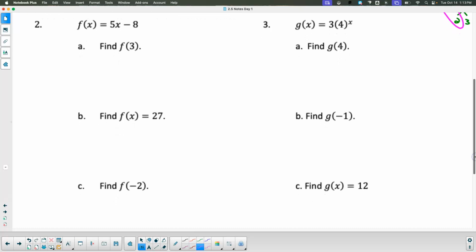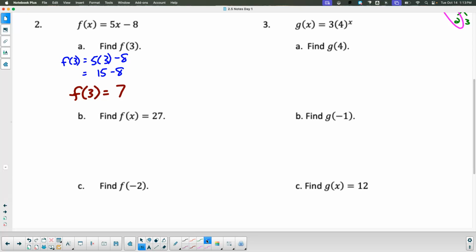Function, find indicated values. So finding f of 3, that's going to be 5 times 3 minus 8. 5 times 3 is 15. 15 minus 8 is 7. So f of 3 here is 7. Agree? Okay. f of x equals 27.